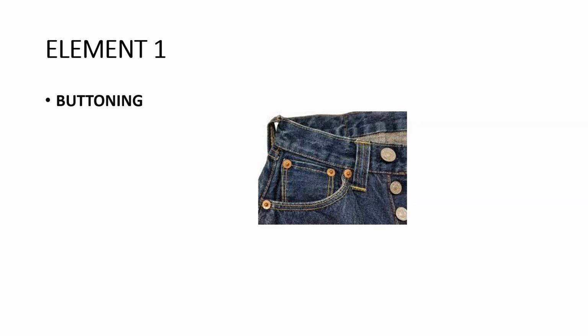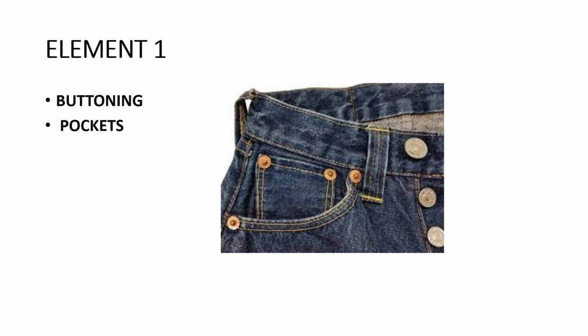So buttoning is one of the elements covered under this element 1. Pockets. What will be the size of the pockets? What will be the sketch of that particular pocket? Dimensions of the pocket. All things are included in this element. So based on that, this will be included in the spec sheet, and this covers element number 1 in the specification sheet.